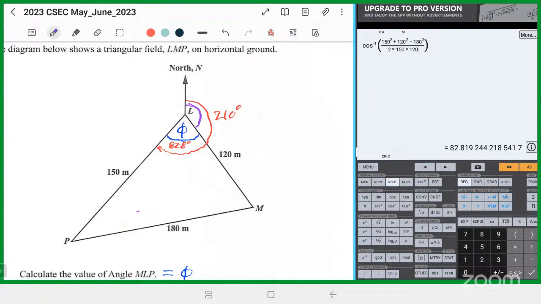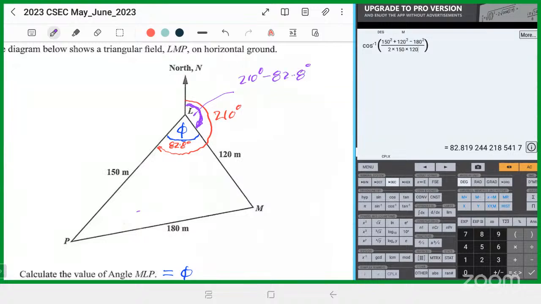It's also a bearing down to M and S. The whole thing is 210, and the angle inside here is the other bearing angle, equal to 210 minus 82.8.